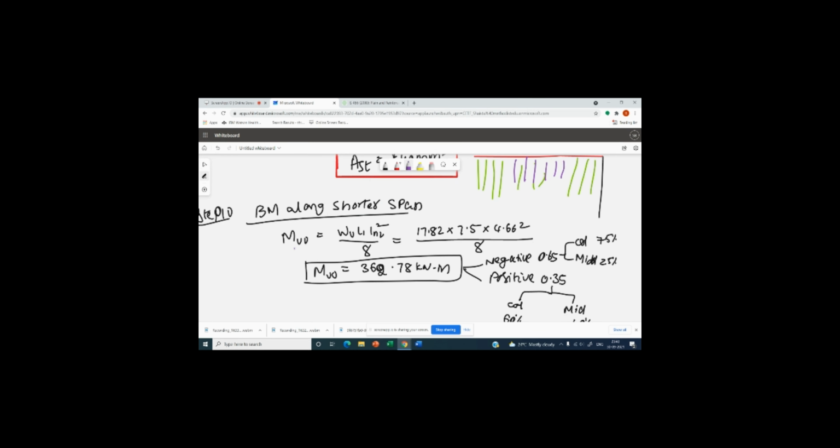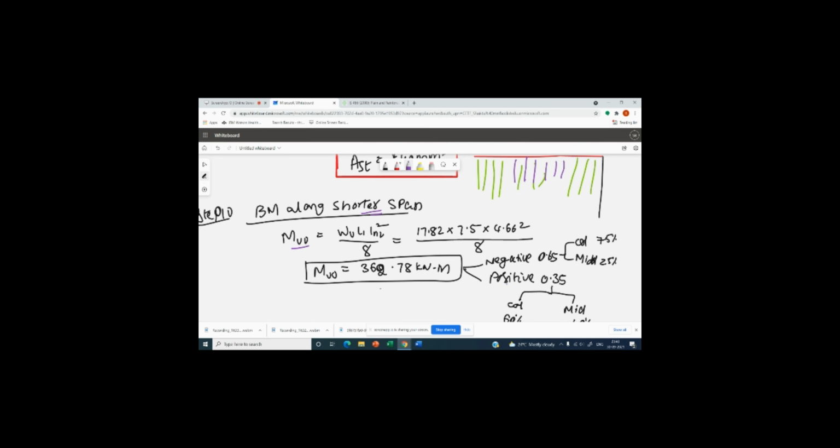Mu, that is the sum of positive and negative bending moment, is equal to Wu L2 Ln1 square by 8. So we get the total bending moment along the shorter span as 362.78 kilonewton meter.